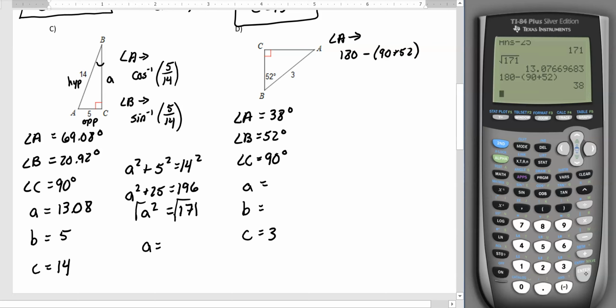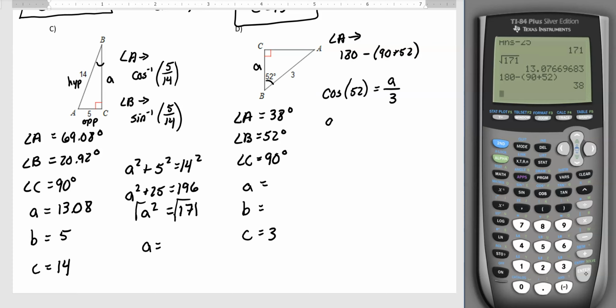And then I can go ahead and find side A, which would be this side here. So if I'm using angle B, and it's always good to use the angle they gave us, just in case we make an error on calculating the other angle. So that would be the adjacent and the hypotenuse. So that means I'm using cosine of 52 degrees equals my adjacent over my hypotenuse.